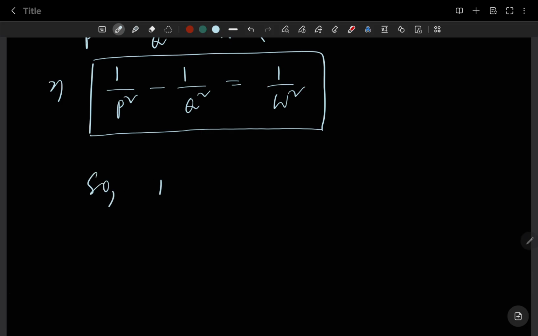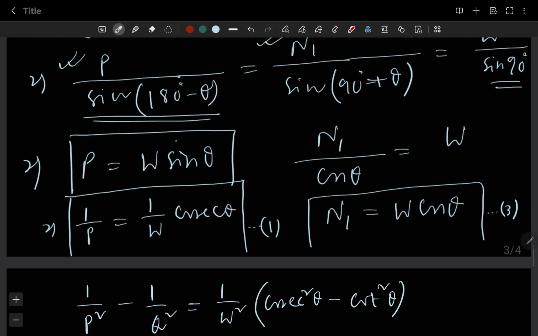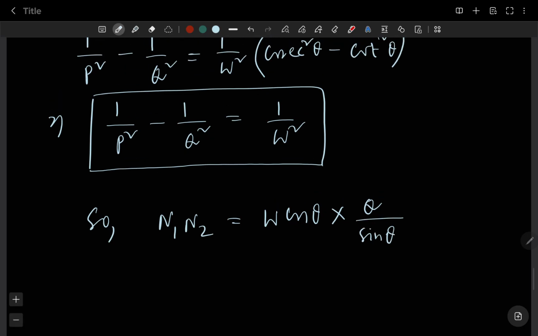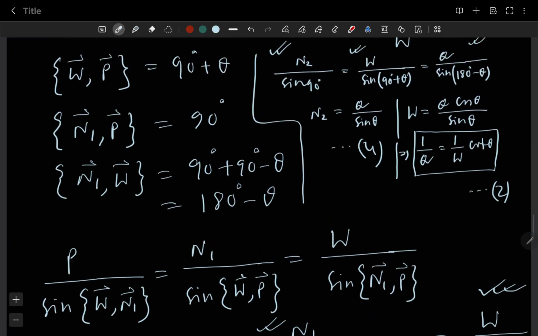So you get N1 N2 as W cos theta into Q by sin theta. Now use equation 2.